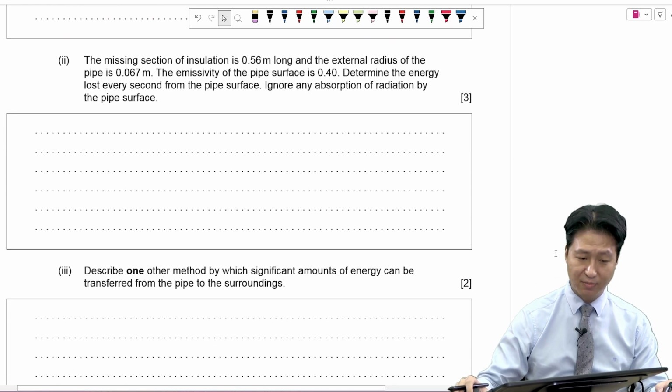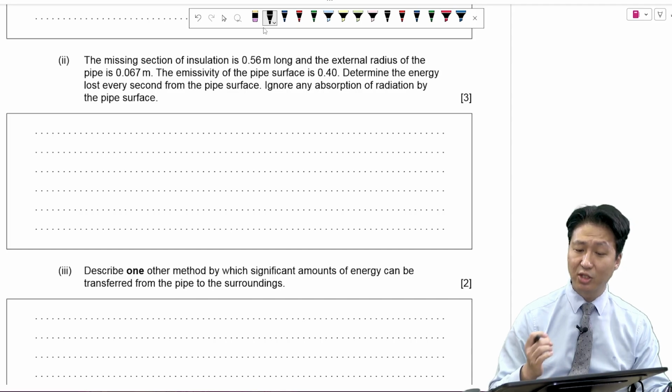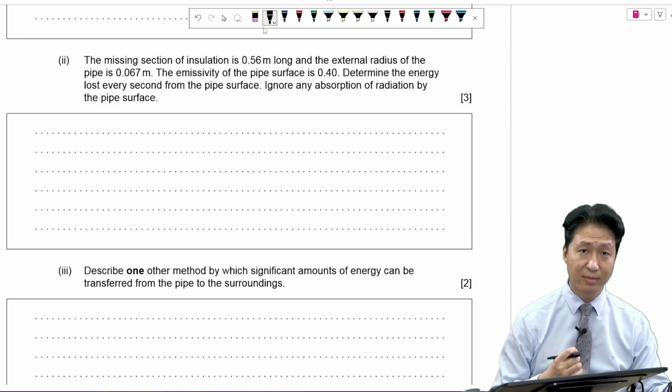On the other hand, if you see part 2, it says that the missing section of insulation is 0.56 meters long, and the external radius of the pipe is 0.067 meters. The emissivity of the pipe surface is 0.40. Determine the energy lost every second from the pipe surface. Ignore any absorption of radiation by the pipe surface.